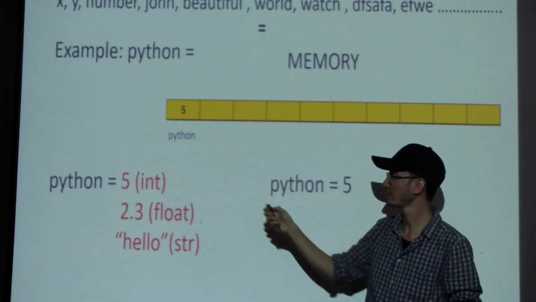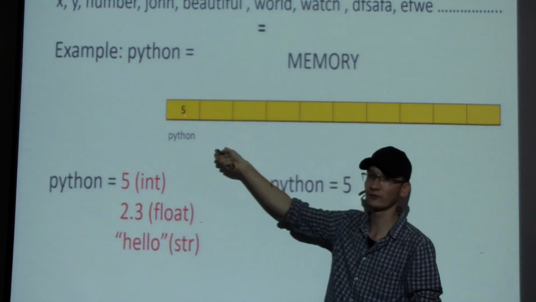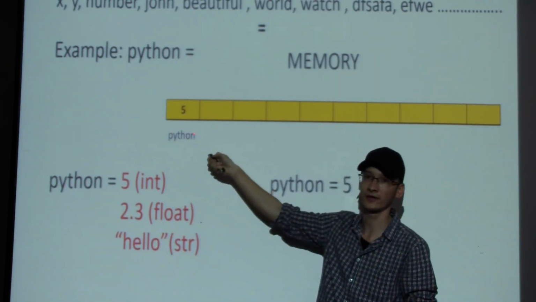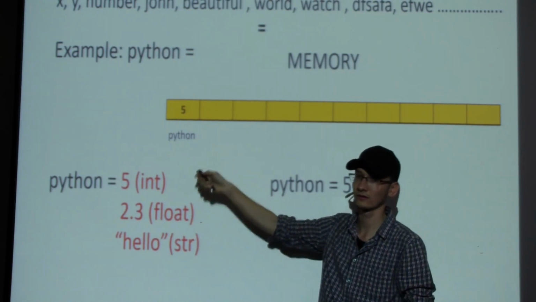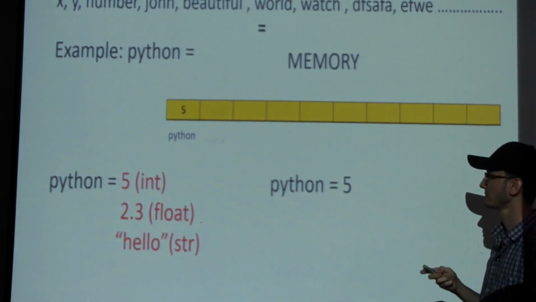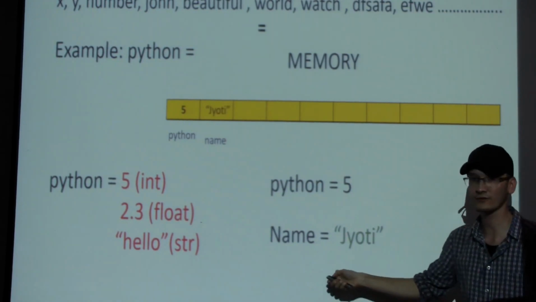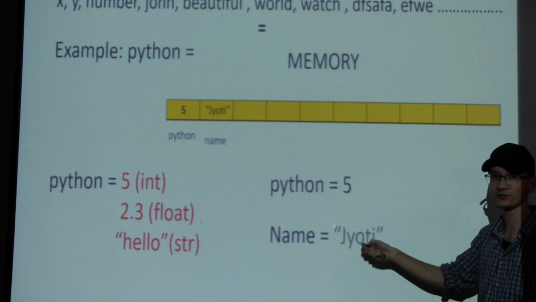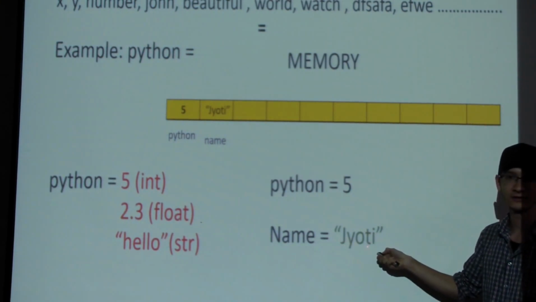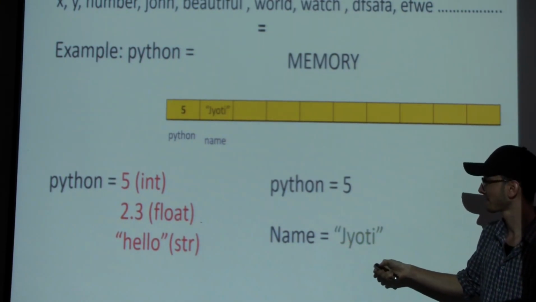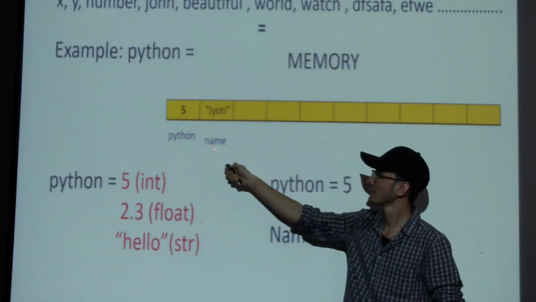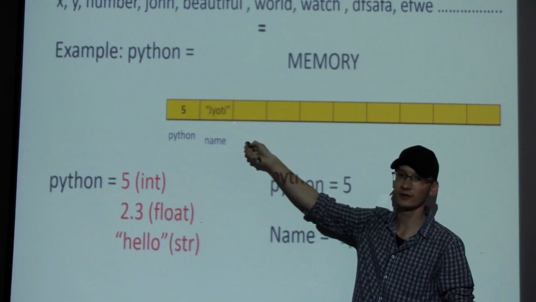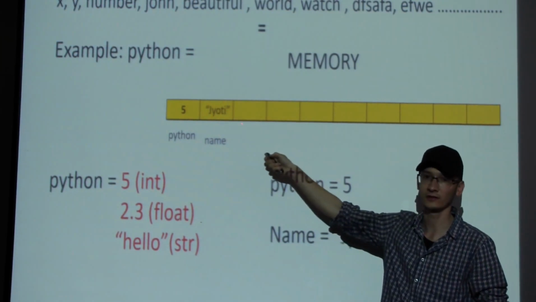It comes to the memory of the computer. Or we created another variable name and we gave a string, for example, Jyoti. Some place will be allocated, and you see in the memory we have this value Jyoti.